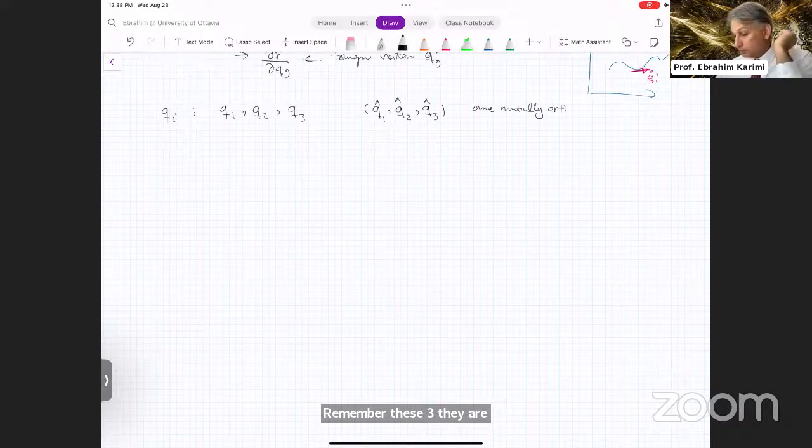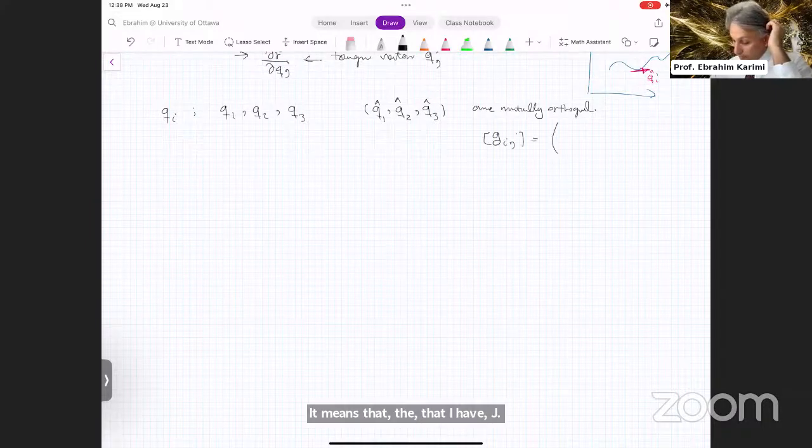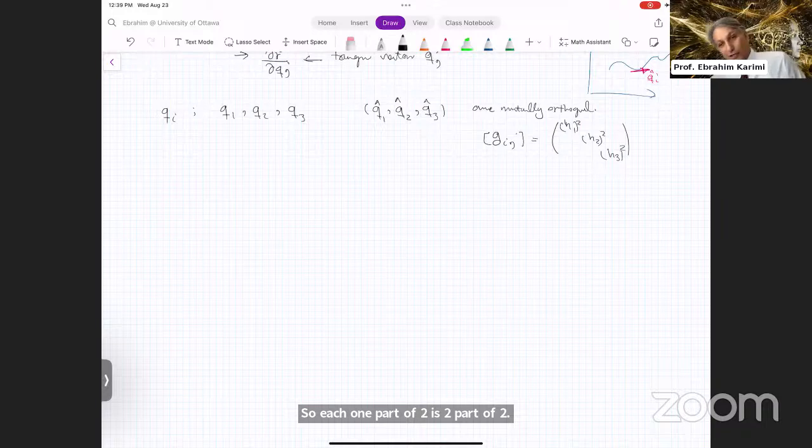So it means that the metric that I have, Gij, only has the diagonal terms: h1 squared, h2 squared, h3 squared. And of course, if it's n dimensions, I can go to hn squared.